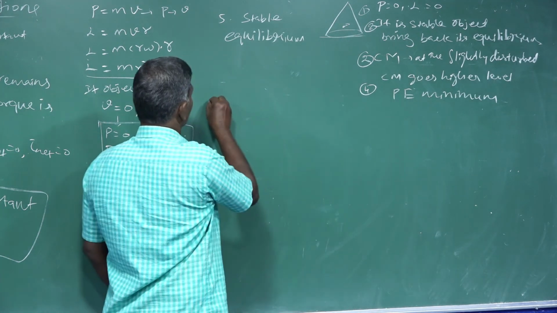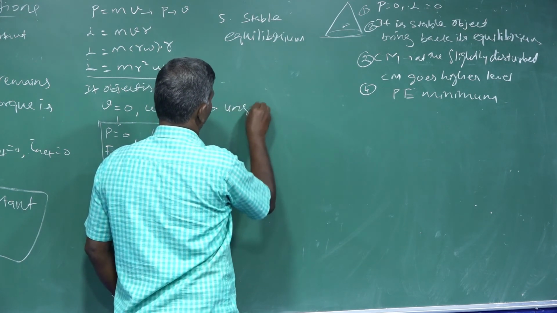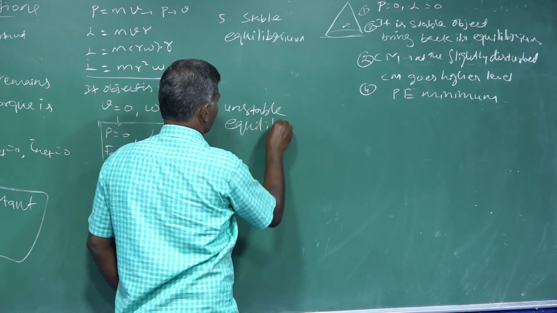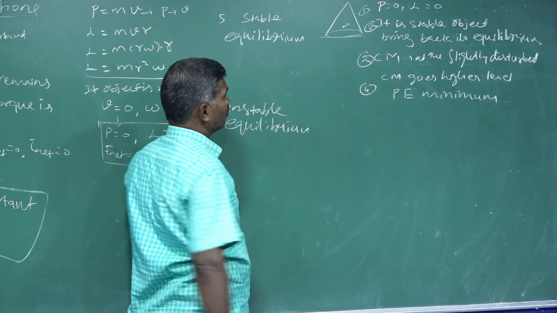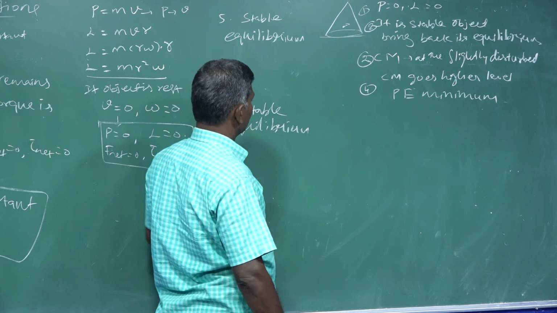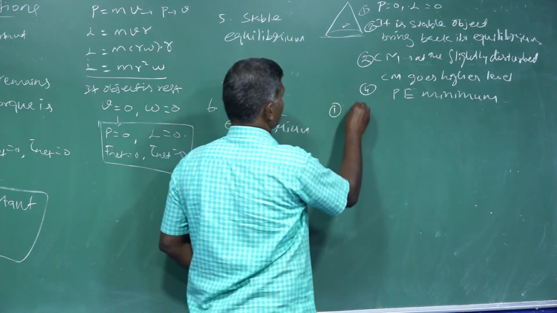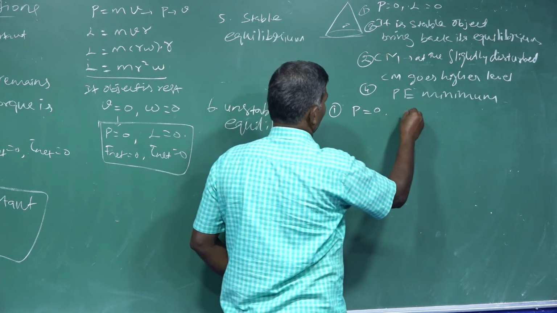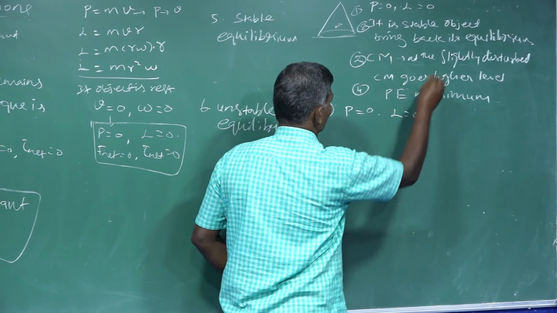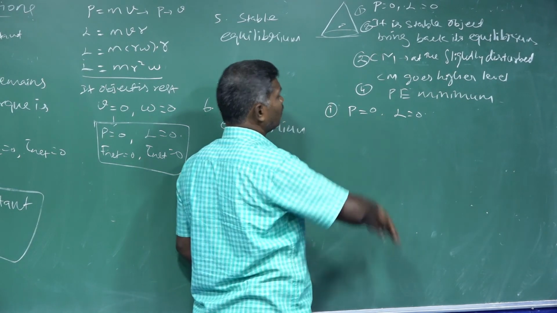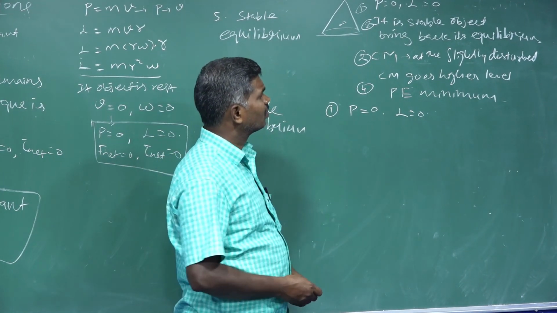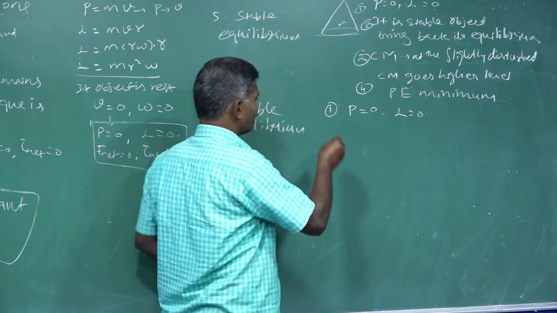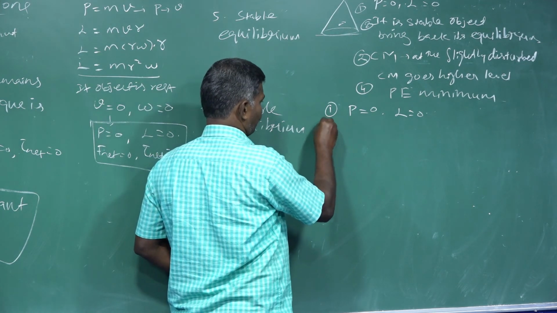Then we have the sixth one, unstable equilibrium. The first condition is suitable for this. What is the first condition? Linear momentum is 0 and angular momentum is also 0. Then it will not come back to its original position, because the cone is resting on its apex.